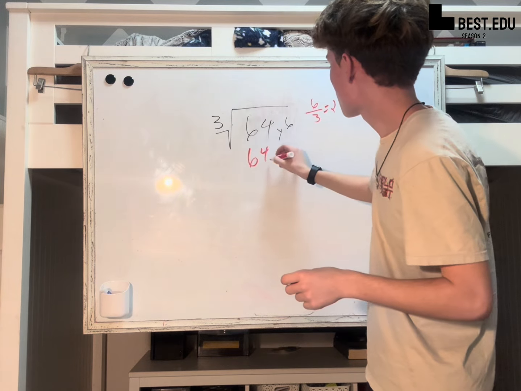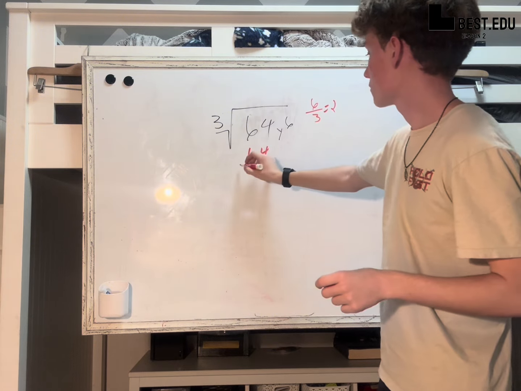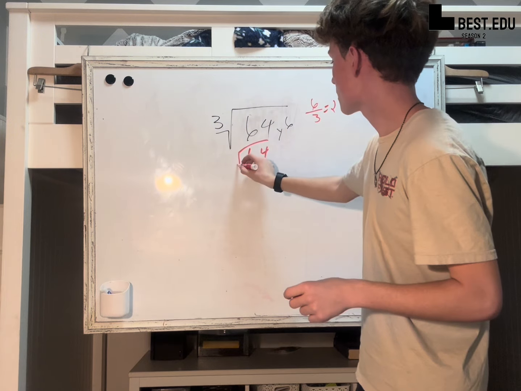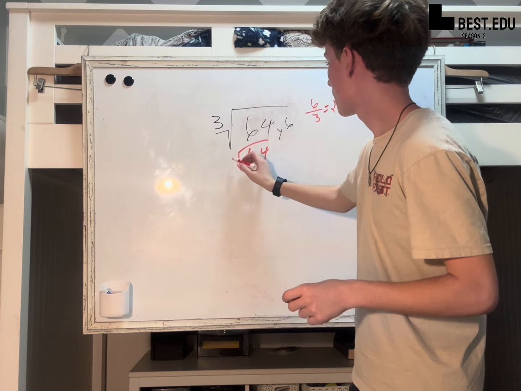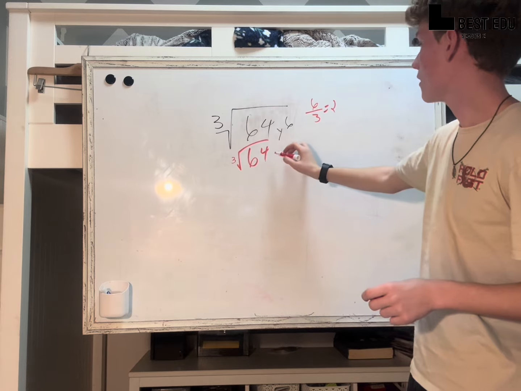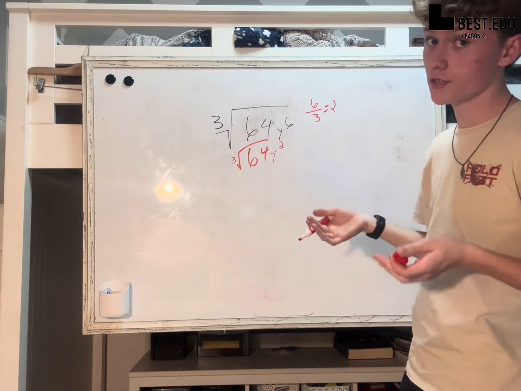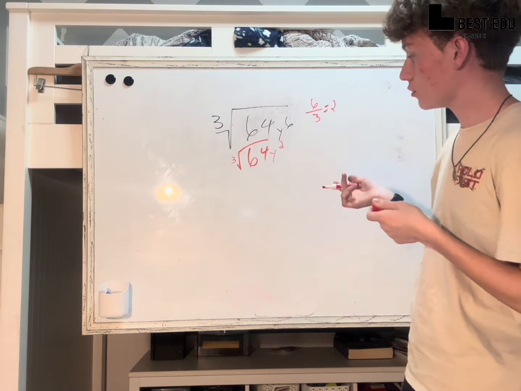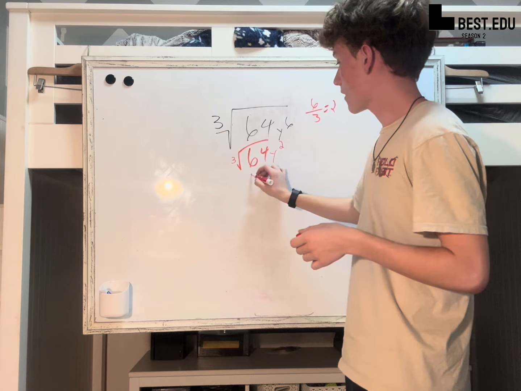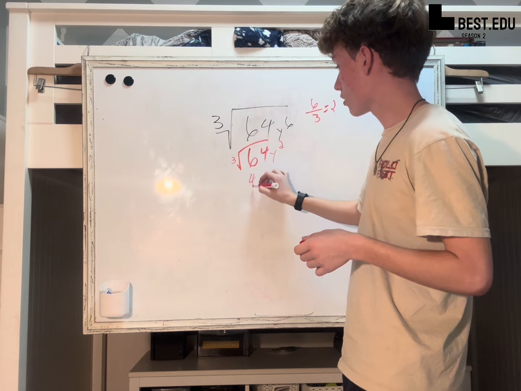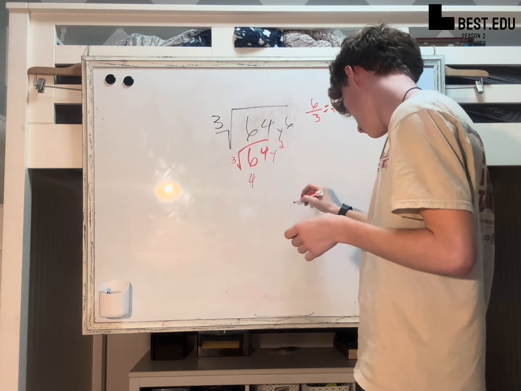64, the cube root still stays there. But then we get a y squared. The cube root of 64 is 4, I believe.